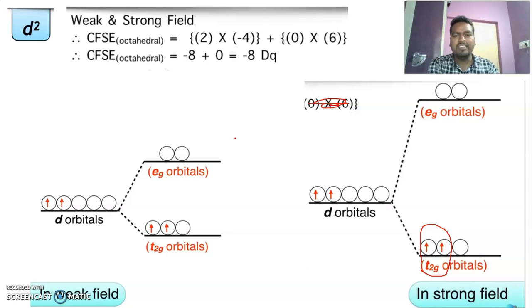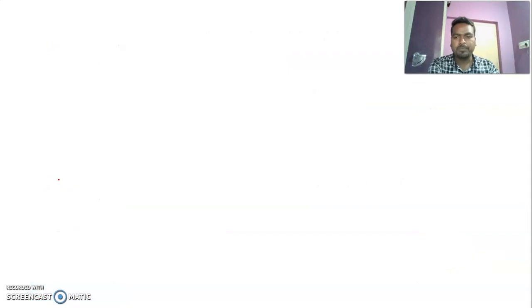And the CFSE is, in t2g there are two electrons, that's why 2 into -4 plus 0 into 6, and -8 Dq is the CFSE for both weak and strong field in case of a d2 system. It is called d2 because in the d orbital there are only two electrons.